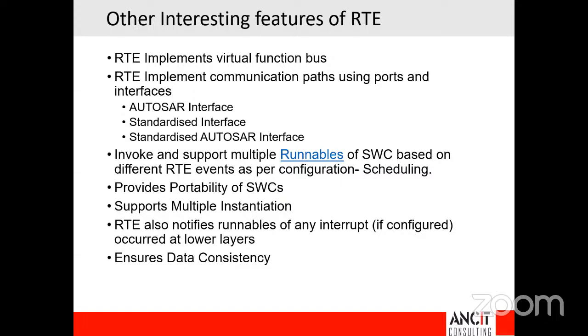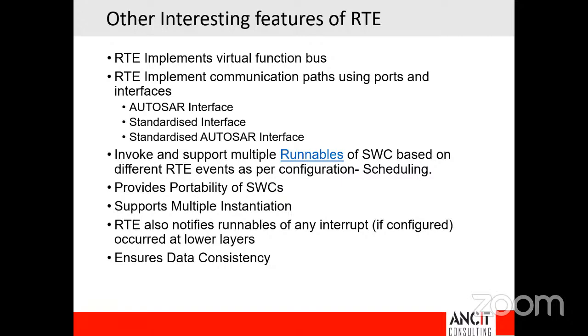Let's say I have a particular function, for example, door status monitor. There is a particular runnable designed for the door status monitor. That runnable has a list of work: it will check the status of the sensor, do something, update something on the CAN bus, and so on. Now this runnable has to do the same work for both my left door and my right door.